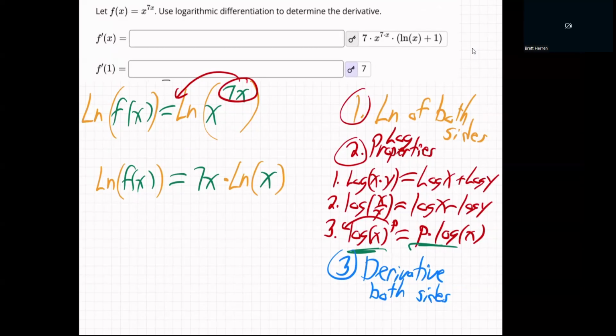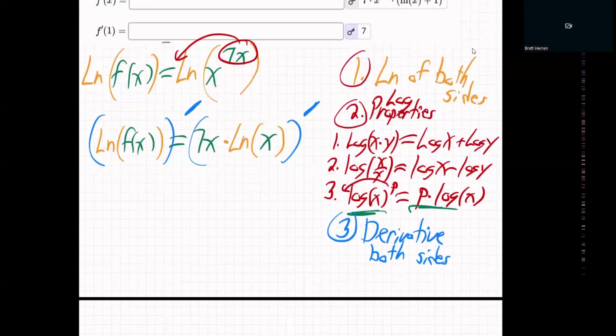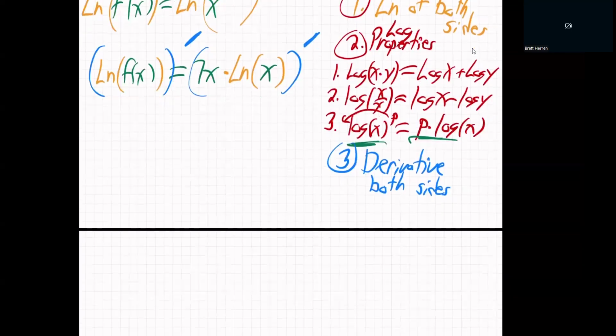So I'm going to take the derivative of this side and take the derivative of that side. So, what happens? Well, on the left side, what always happens when we take the derivative of that, we have the ln of f of x.